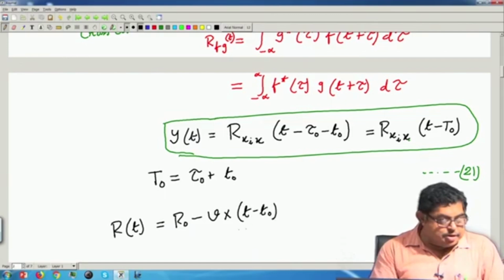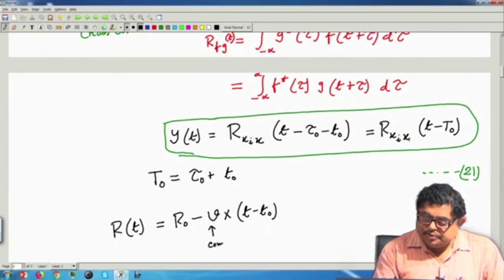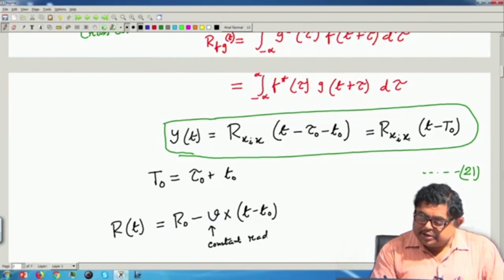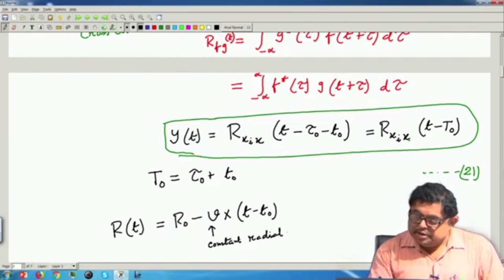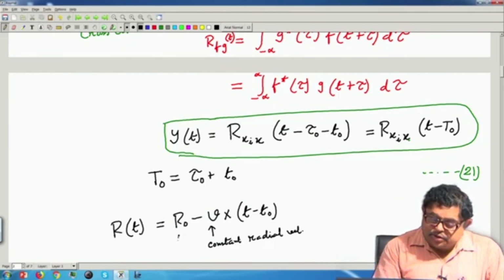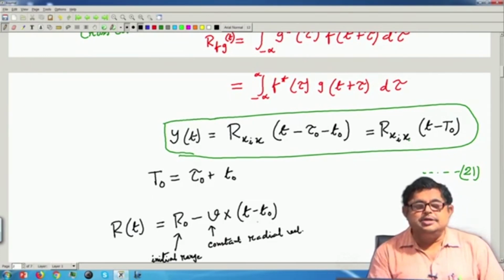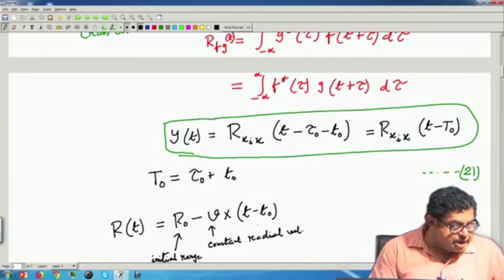So, do not think it is a function, that is why I am writing into t minus T naught, where V is the constant radial velocity. We are assuming that the target has a constant radial velocity, and R naught is nothing but the initial range. So, a moving target will have this range as a function of time.